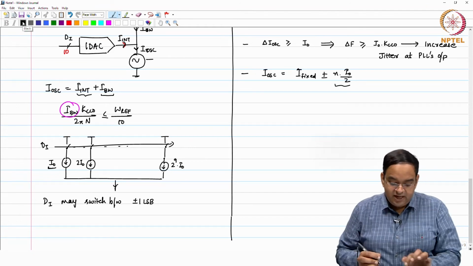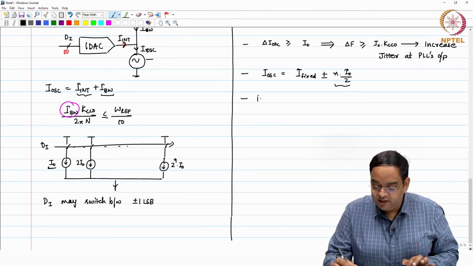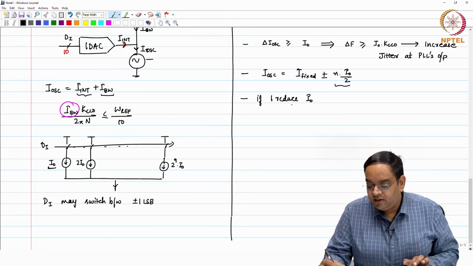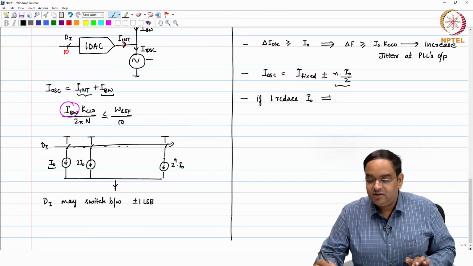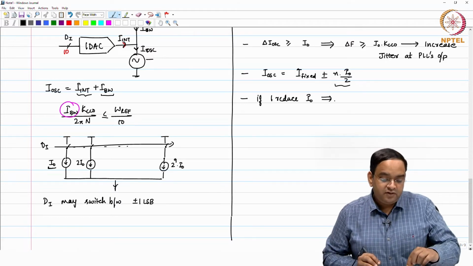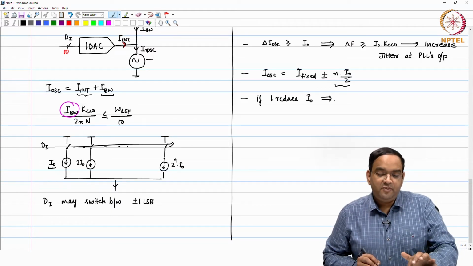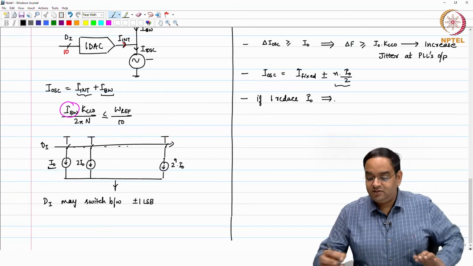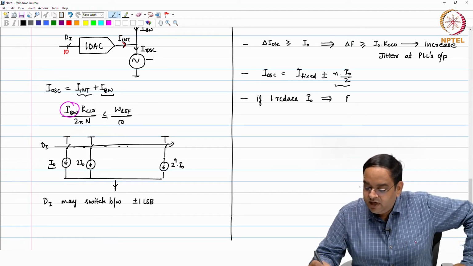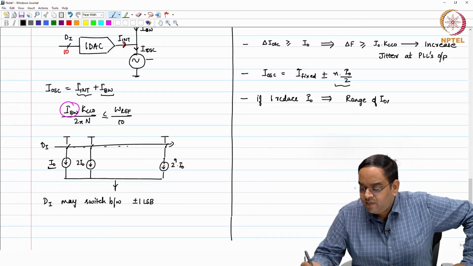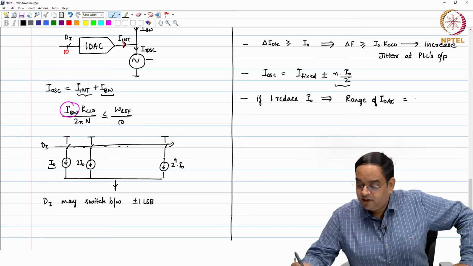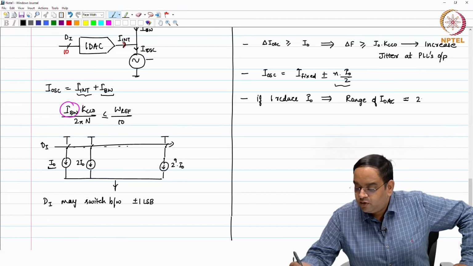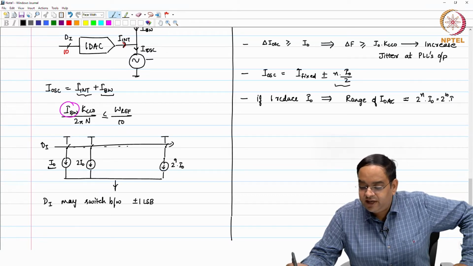Now, if I reduce I naught, then the total range of the frequency variation by IDAC reduces. What is the total range? Range of IDAC is nothing but approximately 2 power n times I naught, in our case 2 power 10 times I naught.